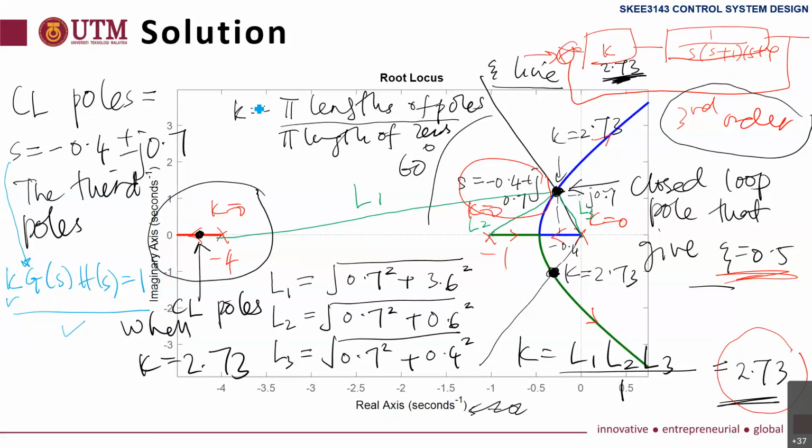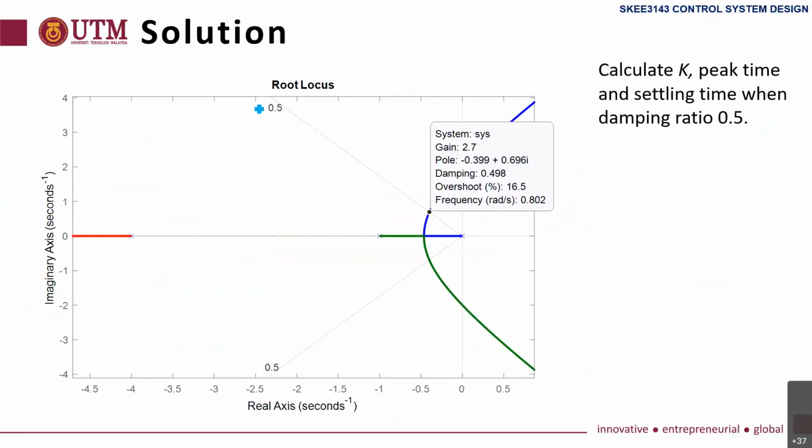Again, I hope you have done the homework so that the understanding is improved. This is the one that I obtained through Matlab. In Matlab, I can also draw the zeta line. This is the zeta line.